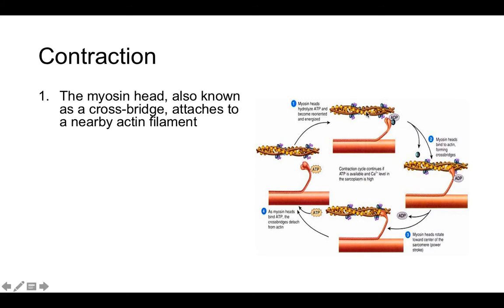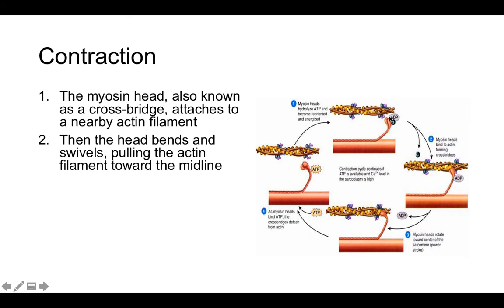So here you can see this is the myosin head, and here's the actin. This is active, so it does require ATP and energy. Number one, the myosin head hydrolyzes ATP and becomes reoriented and energized.